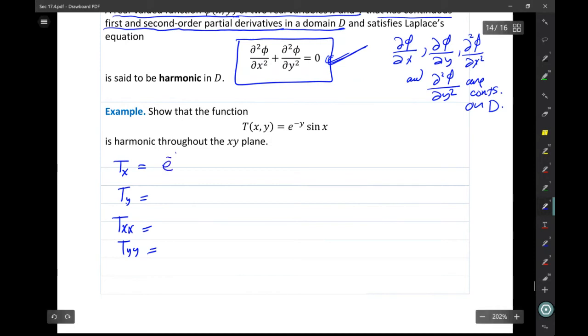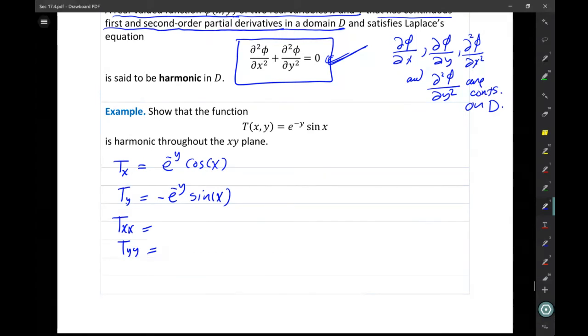So that is equal to e to the power minus y times cosine x. T sub y: I have to respect y as the variable and x as a constant, so sine x is a constant. It is minus e to the minus y sine x.